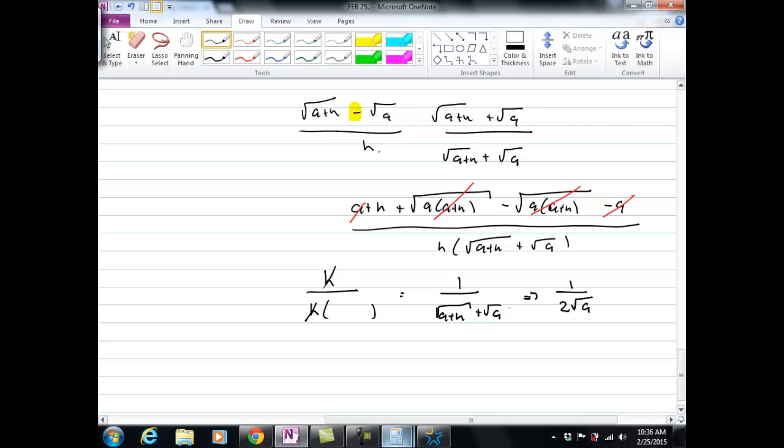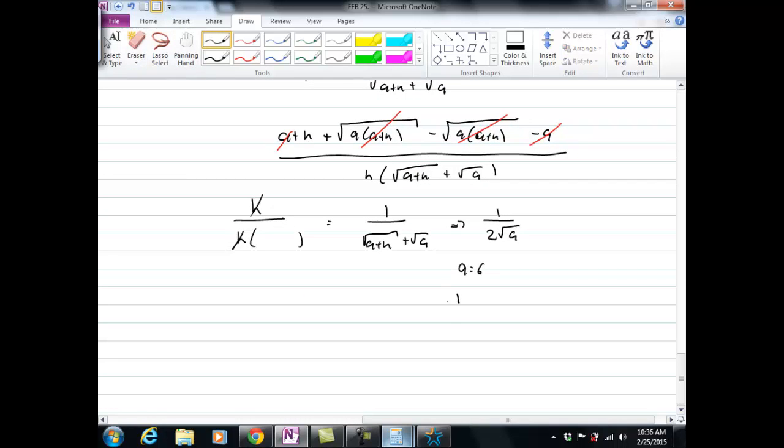So now I asked you for a equals 6. So the answer is going to be 1 over 2 root 6. Or you should rationalize it. You always rationalize it. That should be root 6 over 12. Voila! It sounds tricky and tough, but it's not.